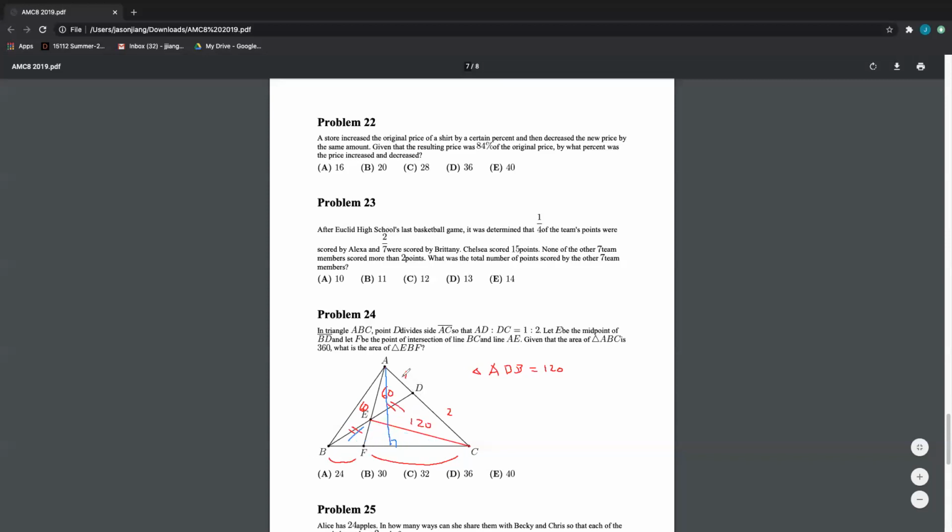So going all the way back, we've shown that ABF compared to AFC is equal to the ratio of EBF and EFC, which is also equal to BF compared to FC, the sides.